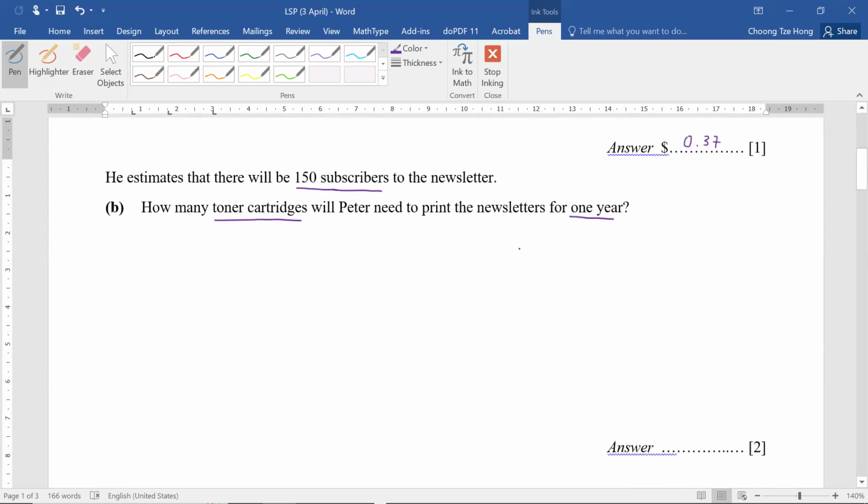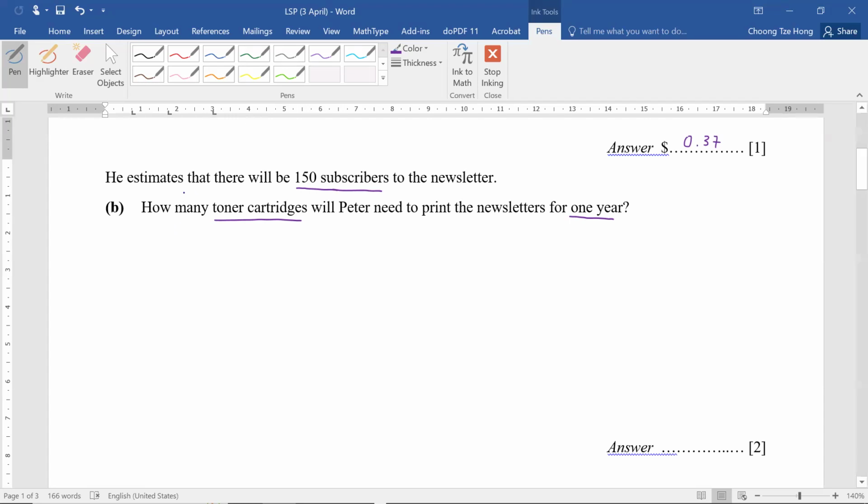Each subscriber will receive 6 newsletters in a year, so we take 150 times 6. That will be the number of newsletters we will mail out, and each newsletter is 8 pages.